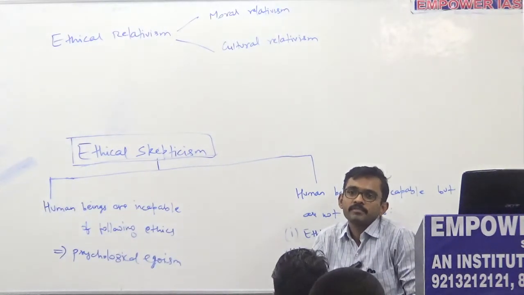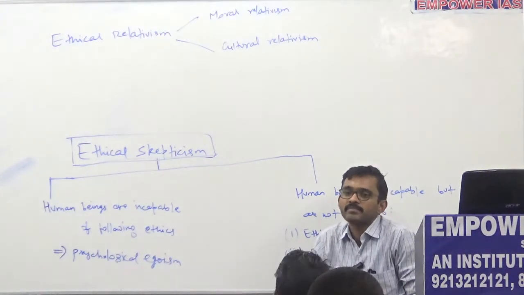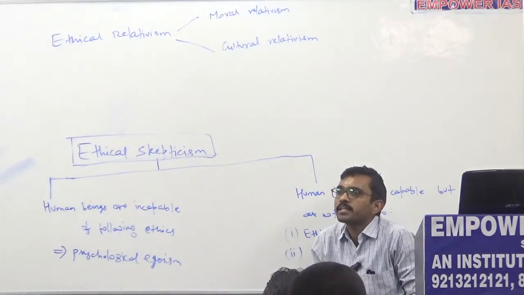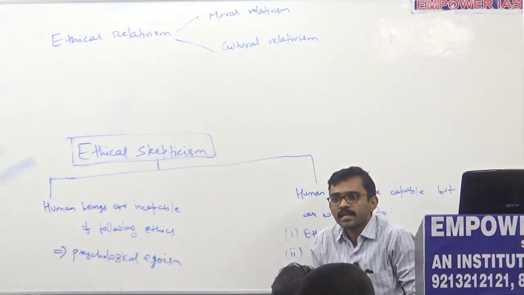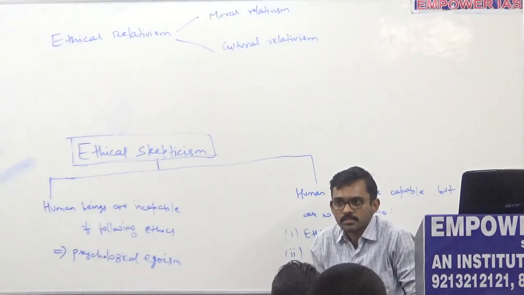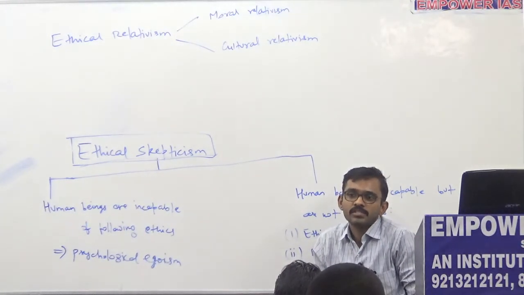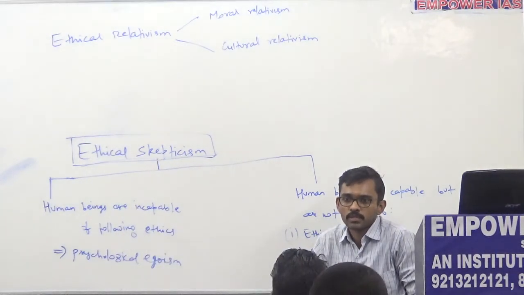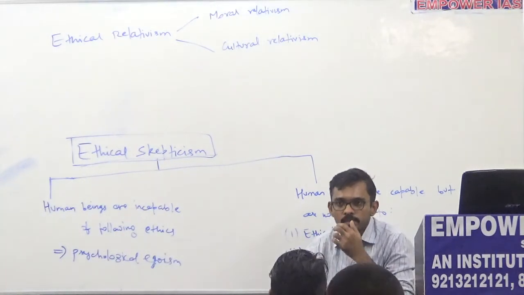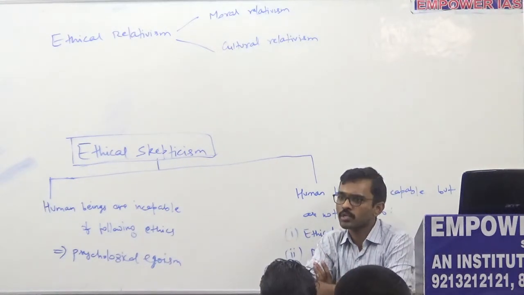For example, freedom of speech and expression, rights of minorities, right to privacy, right to self-determination. All these are rights which have universal acceptance. No culture or country can hide behind its cultural norms to say that we do not believe in these values.